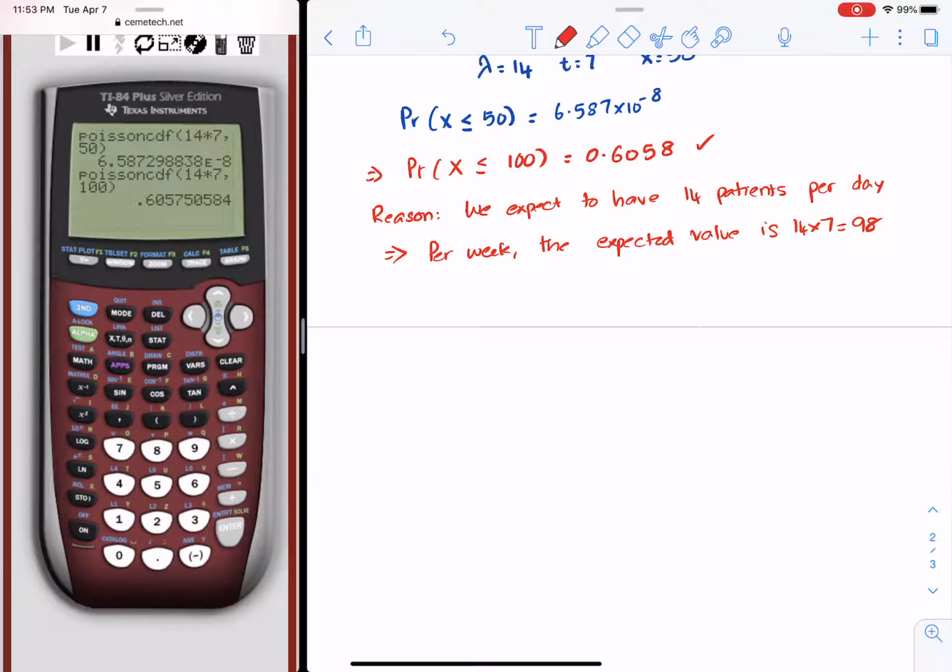That said, for us to say, well, what is the probability we would only see at most 50? That is going to be a slim chance. What is the probability that we would see at most 100? It is going to be quite high.